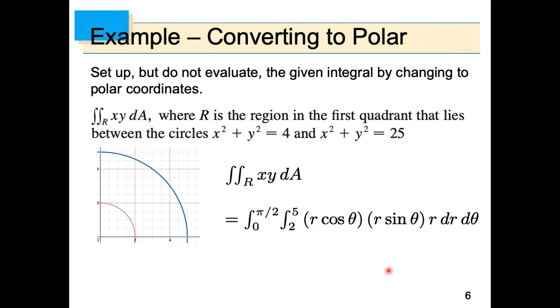Now let's start with the easy stuff first. Before we panic or get into a fuss over how I got to this point, let's start with the easy stuff. First of all, dA. As you saw on the previous few slides here, dA changes into r dr d theta. Again, dA is replaced with r dr d theta. Many students forget to put the r.